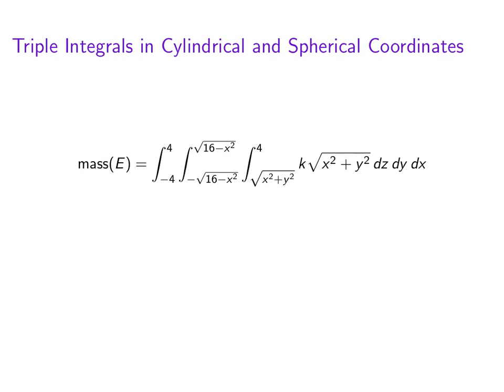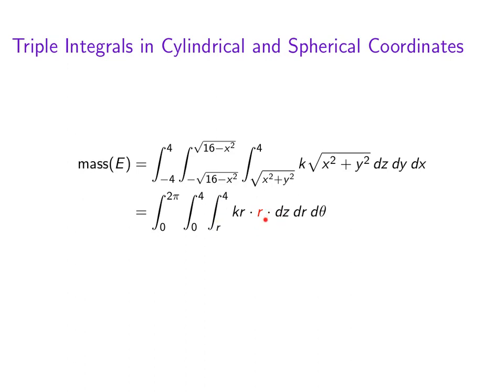You'll remember this was the integral that we started with, this very messy looking triple integral in rectangular coordinates. We get to rewrite this as this triple integral in cylindrical coordinates. So remember that theta went from 0 to 2 pi, r went from 0 to 4, z went from r to 4.